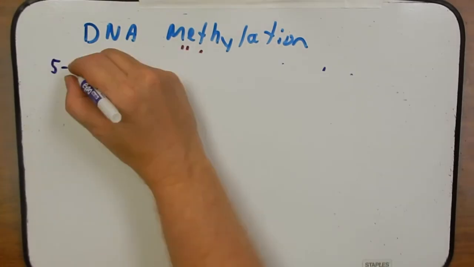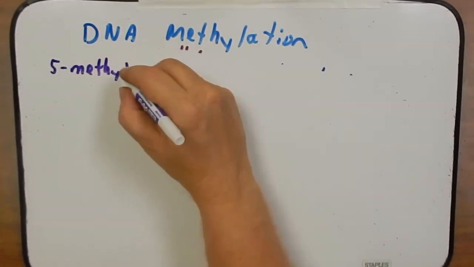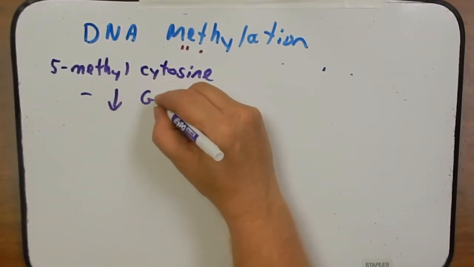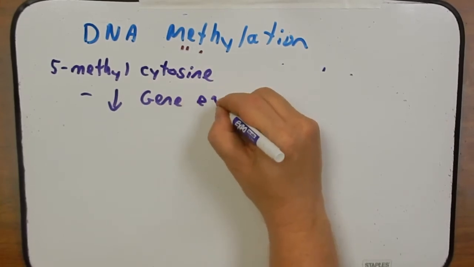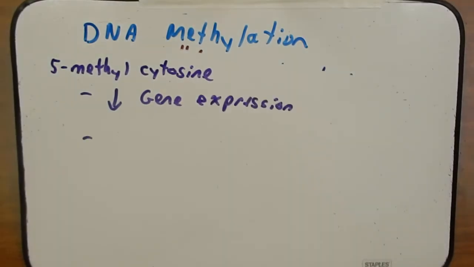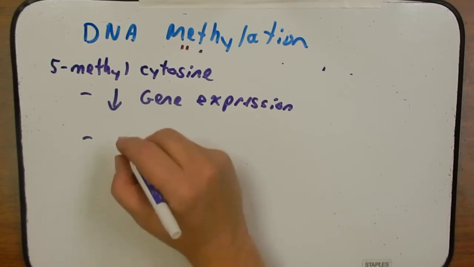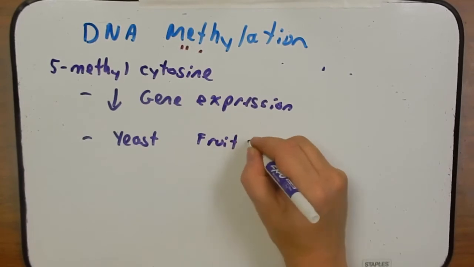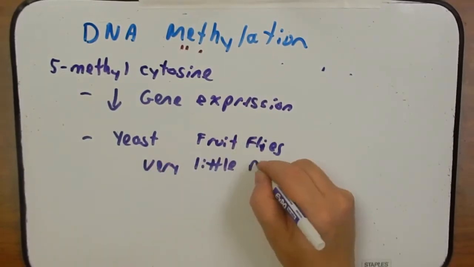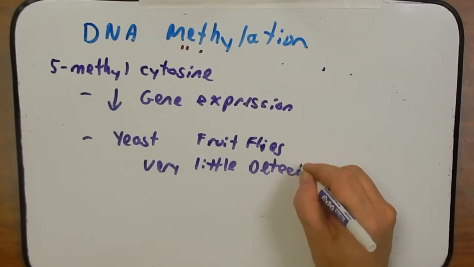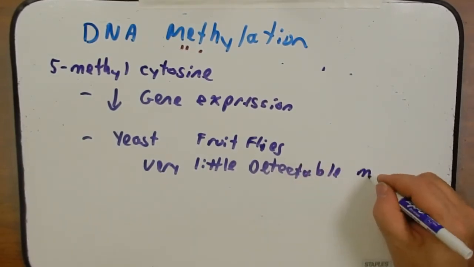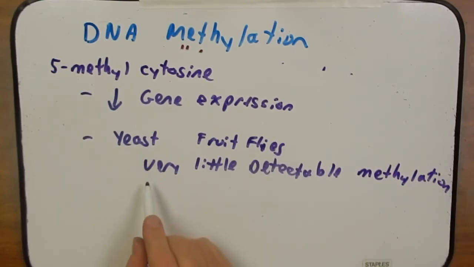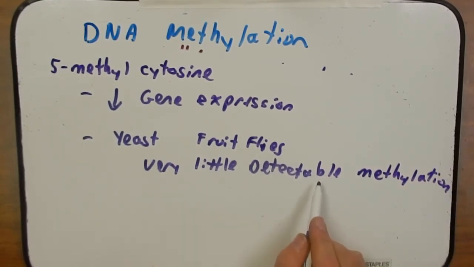So what does it do? 5-methylcytosine has for quite some time been proposed to decrease gene expression. However, we don't necessarily believe this is a universal mechanism, because in species like yeast and fruit flies, there's very little detectable methylation of the cytosine. So this is some evidence saying, well, maybe it's not as important as some people think.